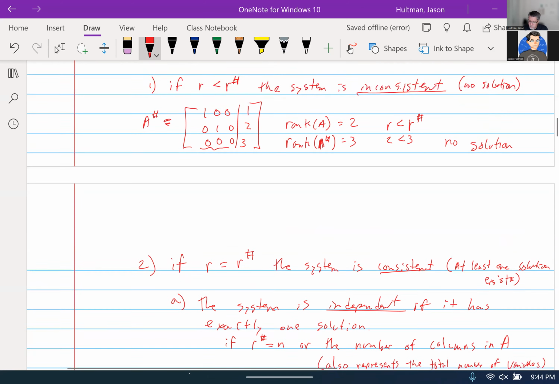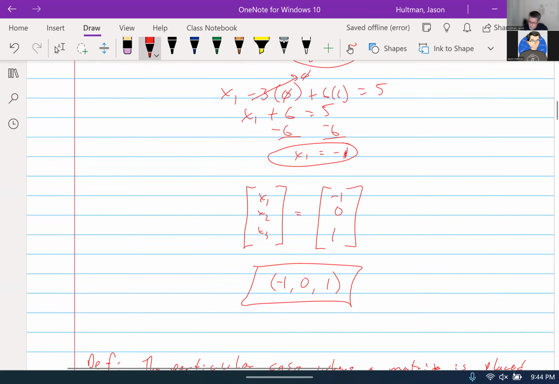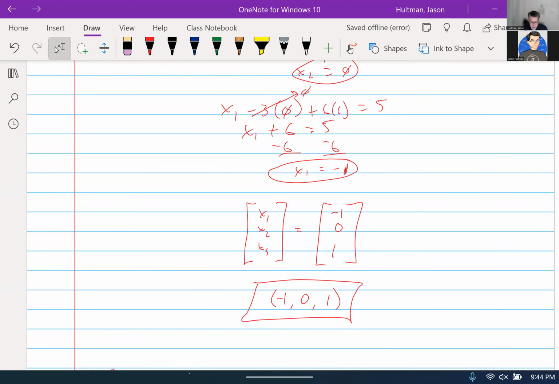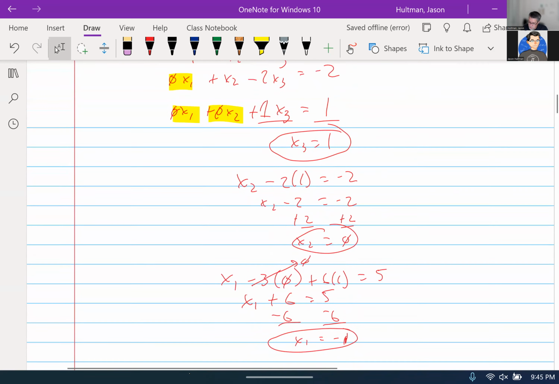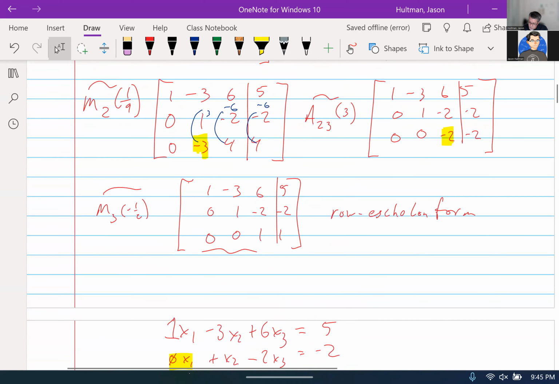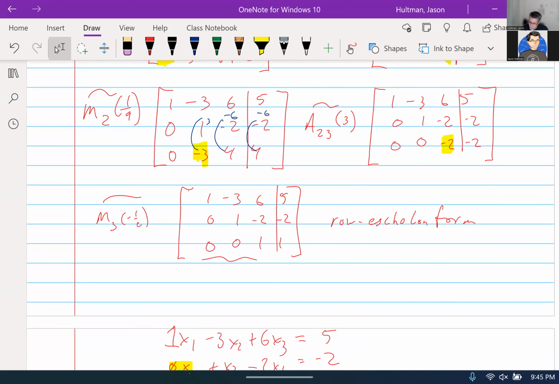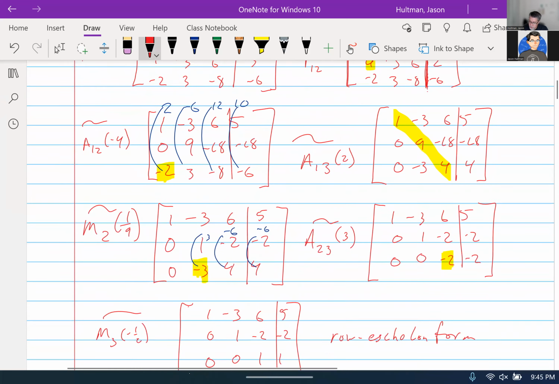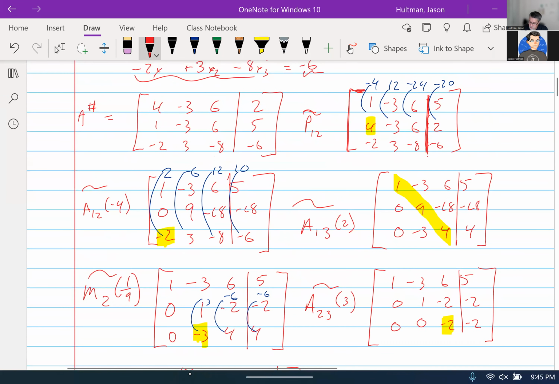If we go back to our previous example, where we did end up with one solution, it was consistent and independent. Our augmented matrix, even in row echelon form, has rank 3. Our coefficient matrix was a 3 by 3 matrix.